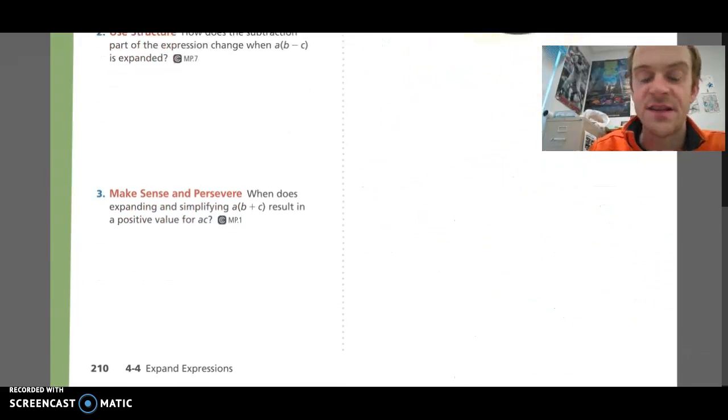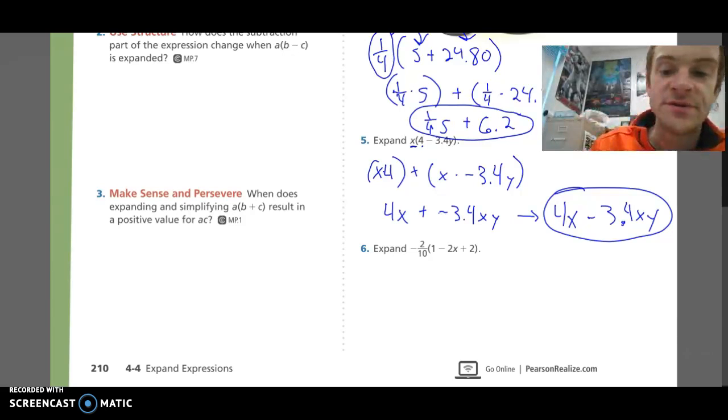Alright, let's look at this last one here. So I'm going to do this last one, and it's the same thing. Now, there's one thing that's different about this, and there's two ways I could do it. The first step is when I look at a parentheses, like here, the numbers inside, is I should see if there are any like terms. And one thing I could do to save myself a step is I could actually combine like terms.